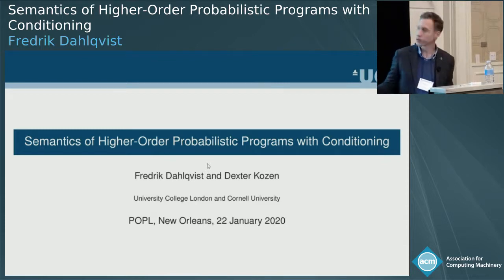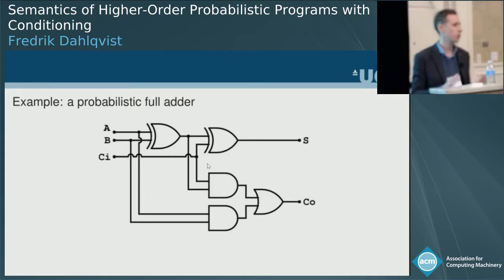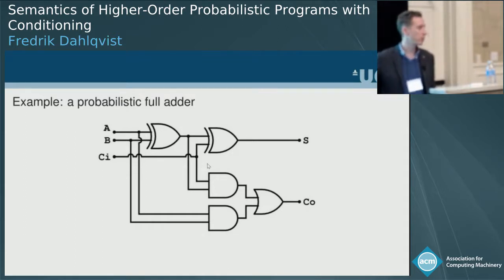But I'm going to talk about higher order, and I'm going to talk about conditioning. Okay, so this is the minimal example I could think of that highlights all the features I want to highlight. And it's a probabilistic full adder.